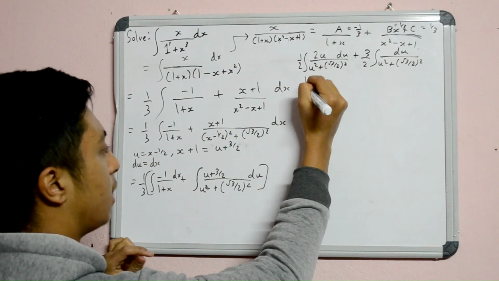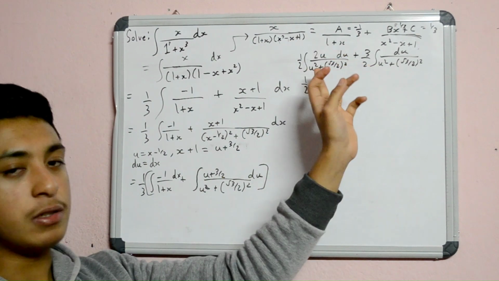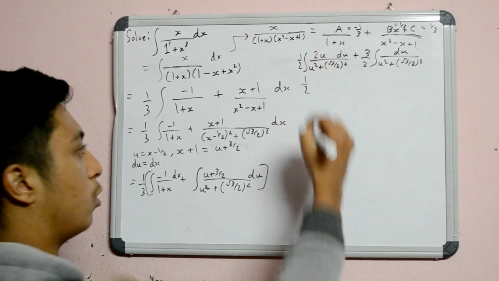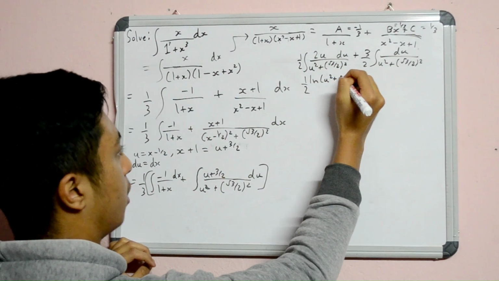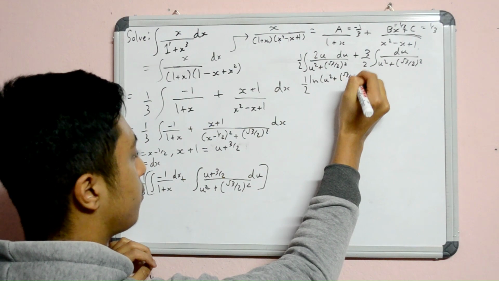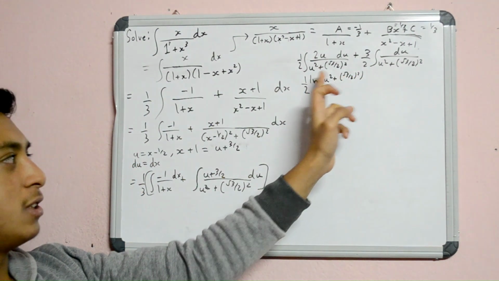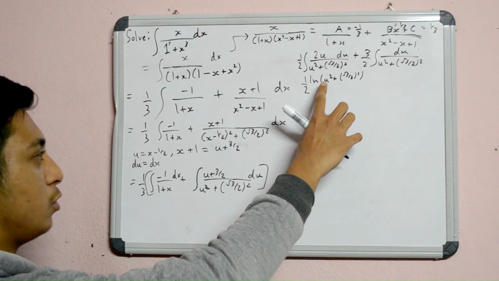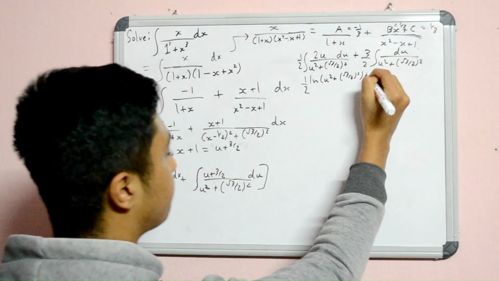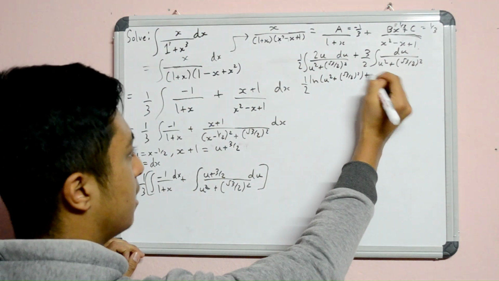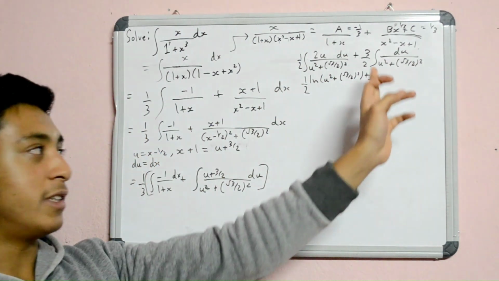So this is just 1 by 2, dw by w, which is just log natural of w, which is, well, that. So just the bottom part. Now we can use the parentheses for this log natural because we know u square will always be positive, and this positive of course, plus 3 by 2, and now this is just the tangent.